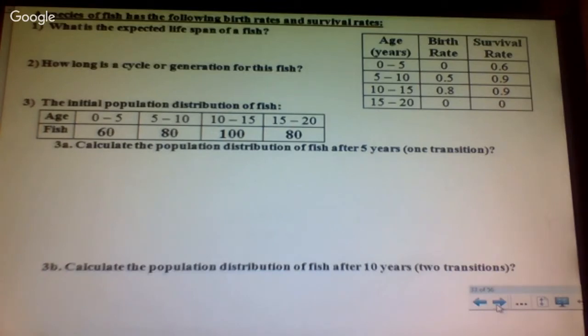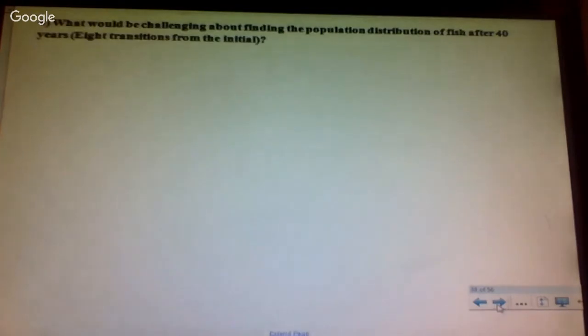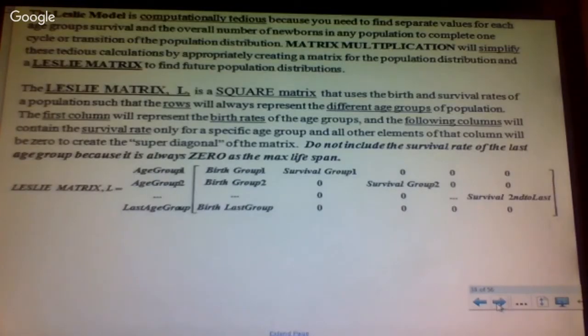Once I show you how to create this Leslie matrix model, we're going to skip this page too and go to this one. This is where I teach you how to do it the simple way. The Leslie model is computationally tedious. As you saw, we had to do the newborns, then each survival group.